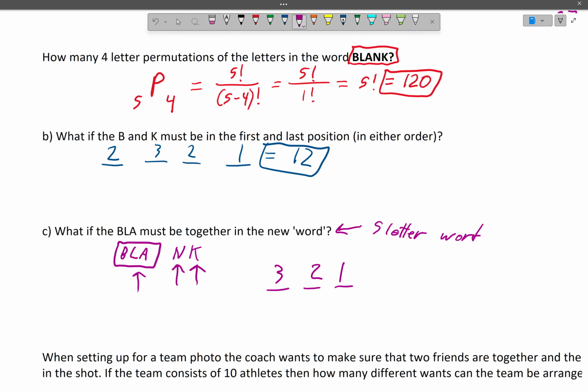But BLA can be rearranged to LAB or whatever else, i.e. it can be rearranged also 3, 2, 1. So I like to write this like this. I like to show it kind of like this. And so we have 6 times 6, 36 as our final answer.